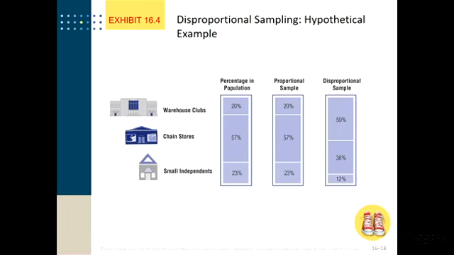So this disproportional sample apparently looks disproportional in terms of number, but in terms of the actual data you are using, it is probably more practical or more representative of your population. So it's important that you look at the actual data you are working with, and also the purpose or the particular research issue you are dealing with.